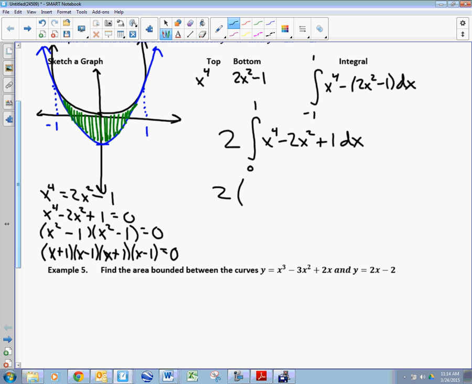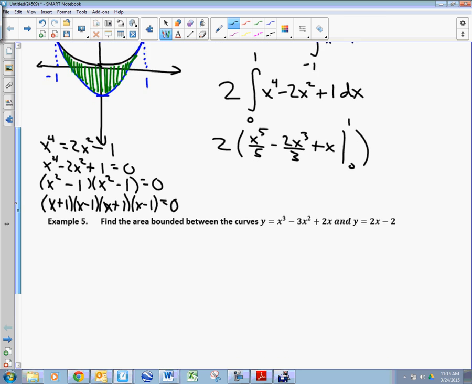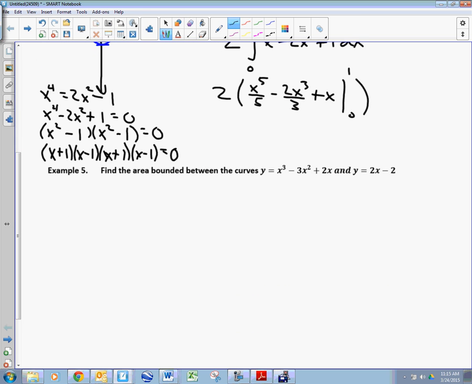So, 2 times x to the 5th over 5. Right. So I will plug in the 1, and I get 2 times the quantity, 1/5, minus 2/3, plus 1.